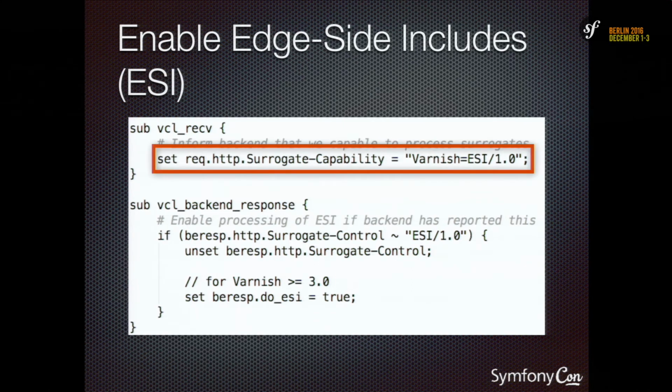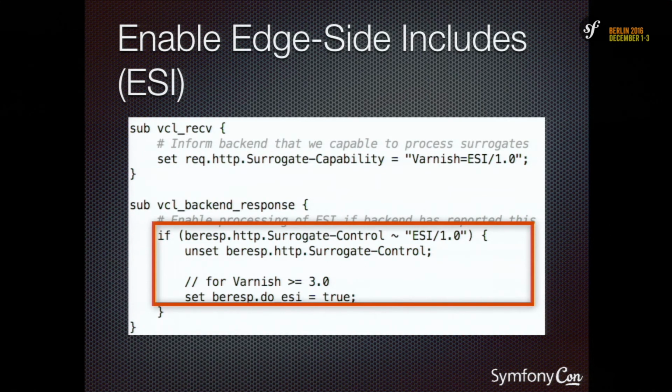We need to mark our request with a special Surrogate-Capability header, and this information will be used by our Symfony application in order to understand that we're working behind a reverse proxy, and this proxy supports such surrogate capability.